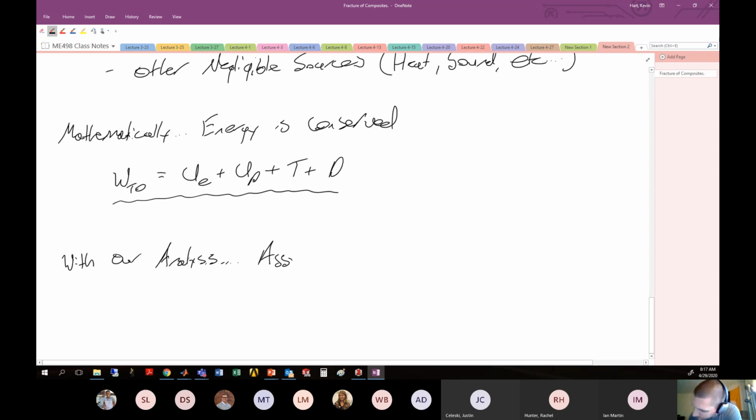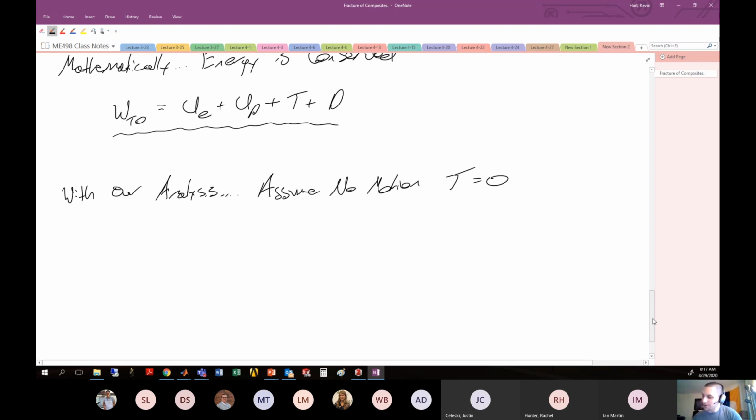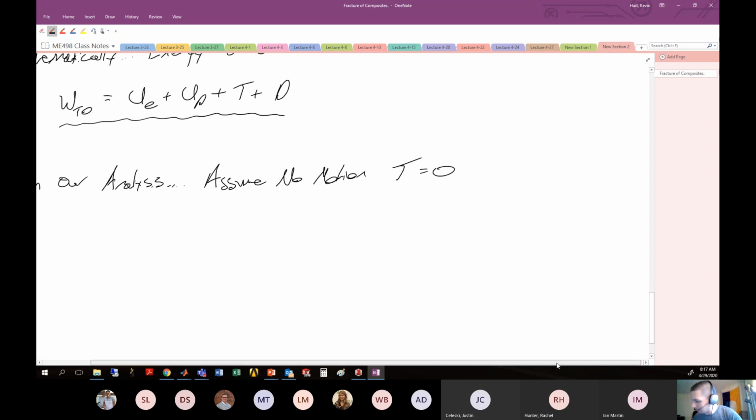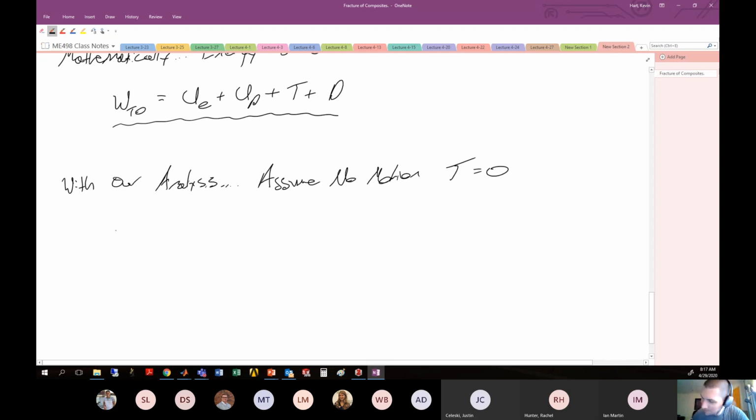Assume no motion, such that T is equal to 0. I just want to write it in the most general form so that you understand that yes, it could move, but let's say that we don't have that general motion consideration.